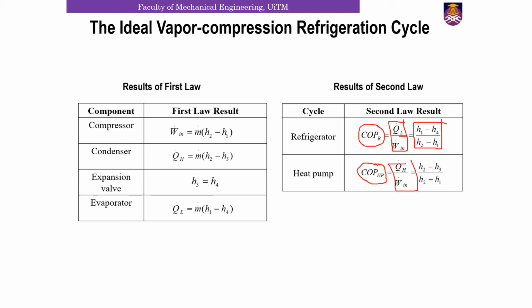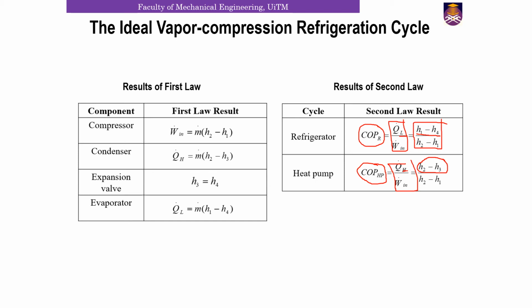This is for L, this is for H. And then you will see that W in for both is the same difference in enthalpy across the compressor, but for the heat pump, the difference in enthalpies is H2 minus H3. Here it is H1 minus H4. So you need to memorize this because you'll be using this a lot in your practices later on.